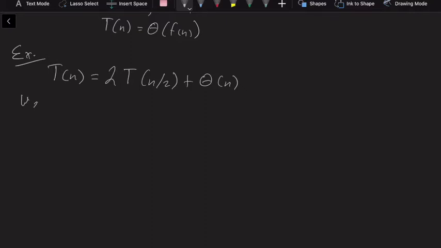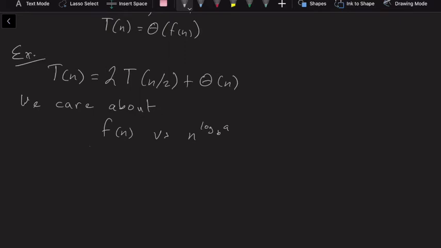What we care about is always the comparison between f of n versus n to the log base b of a.